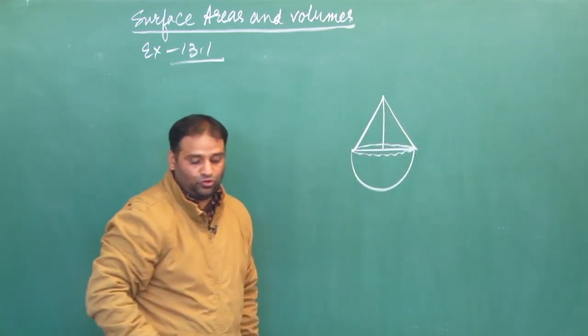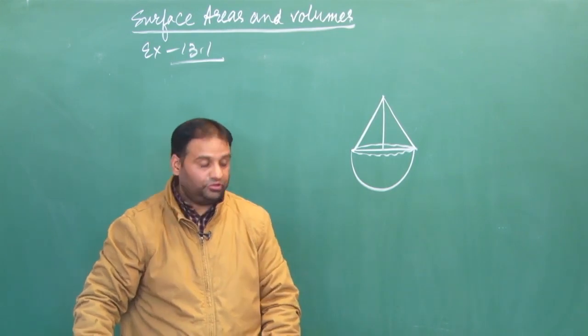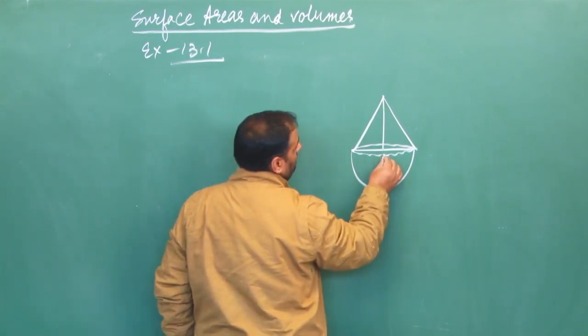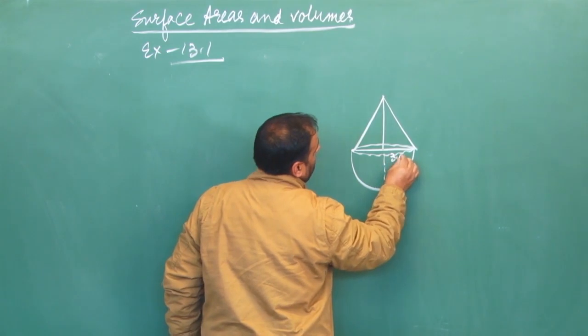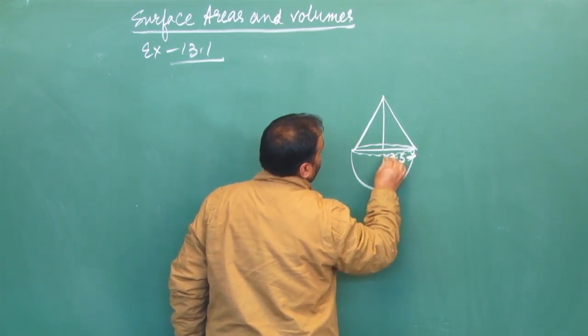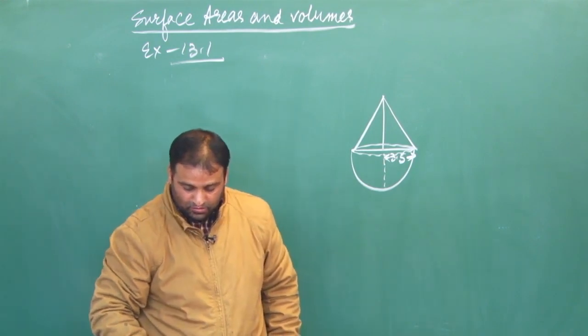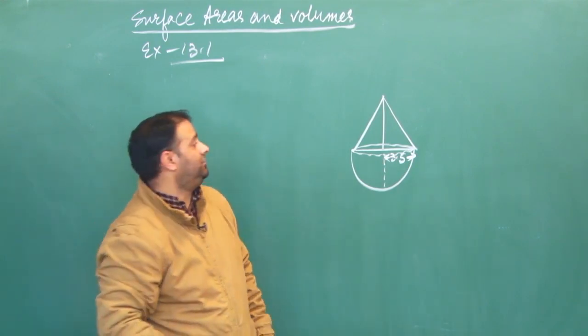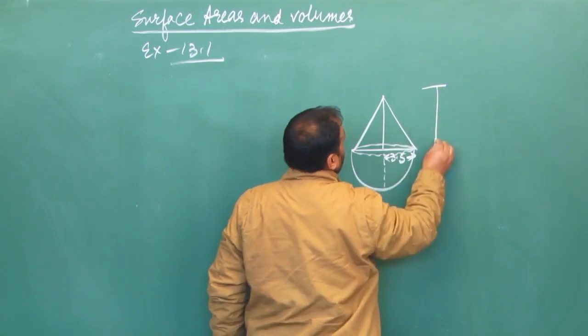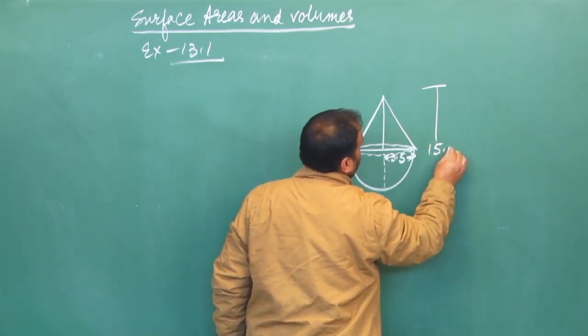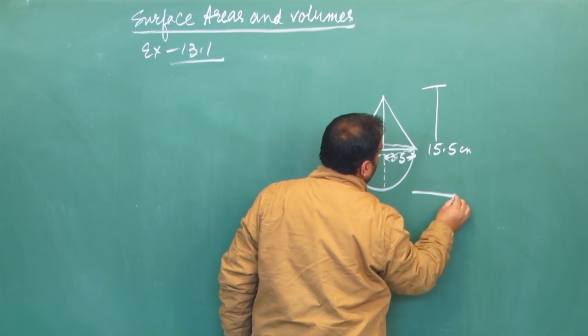This is the shape of the toy. The radius of the cone and the radius of the hemisphere remain the same, that is 3.5 centimeters. The total height of the toy is 15.5 centimeters.